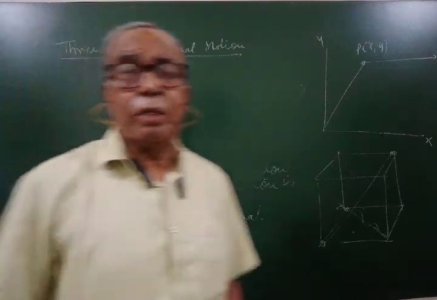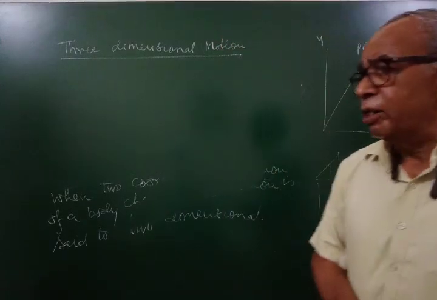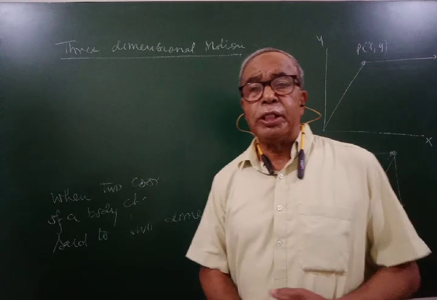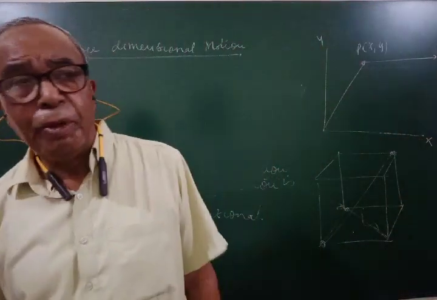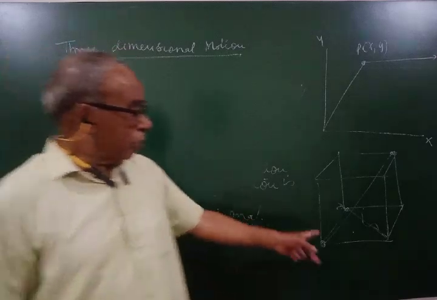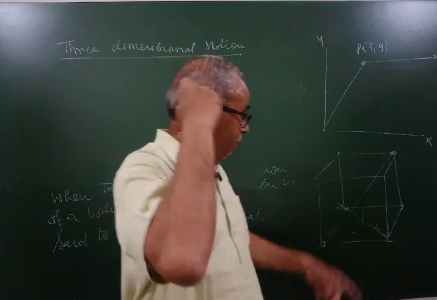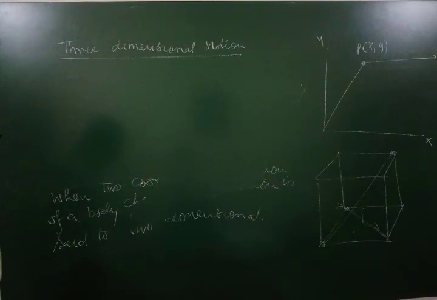You can write, I think, if all three coordinates change, I am dictating, you can write yourself. If all three coordinates of position of a body change, then motion is three-dimensional. For example, if a bird goes from this corner to this, then x, y, z coordinates are all changing, and hence it is three-dimensional motion.